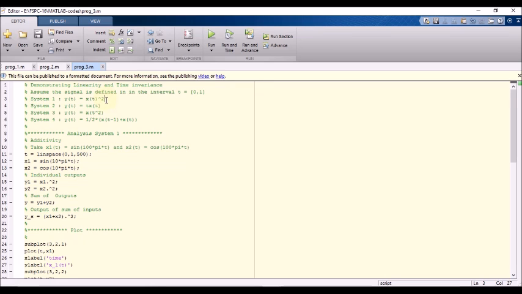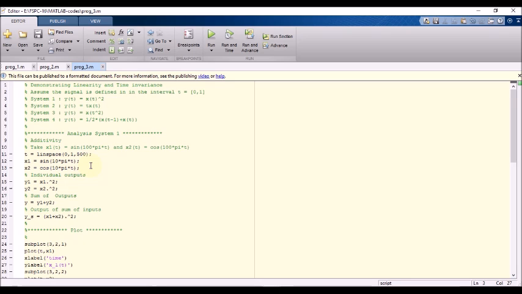Now the examples here have been chosen such that the combination of the linearity property and the time invariance property is well studied. In this first system, as seen in the previous lectures, we know this system is nonlinear.